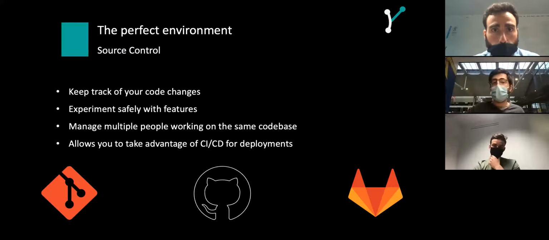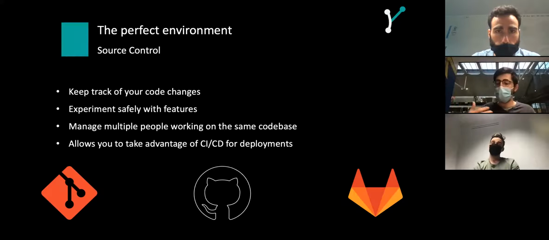It allows you to keep track of your code changes. Anytime you add a part of code, you can know what you added and what you removed, and it allows you to experiment easily without worrying about messing up your project, because at any point you can discard all the changes and go back to a working copy of your code.